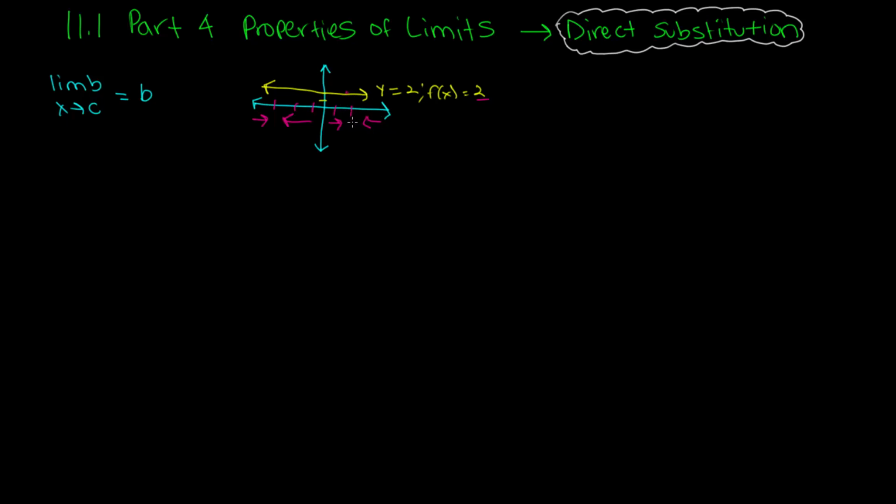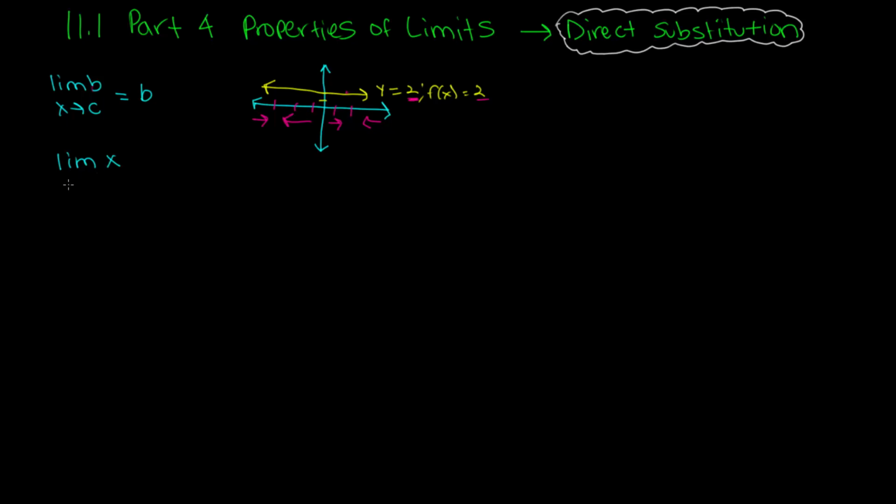No matter what we input into the function, the output is always going to be that same constant value. So because of that, the limit of b, no matter what value we take, is always going to approach that value b.